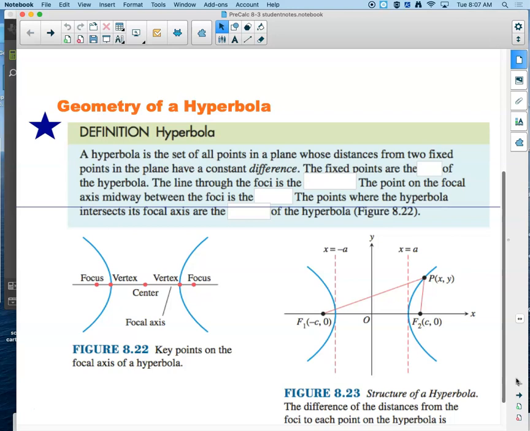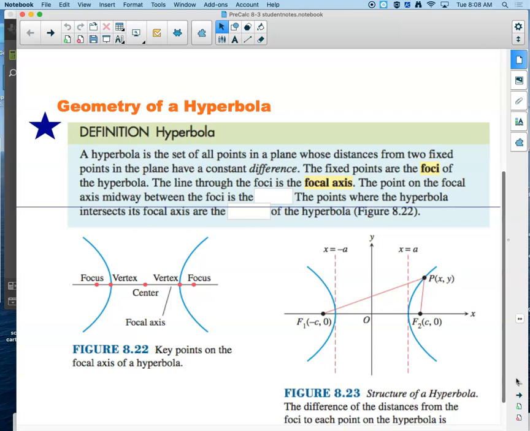So a hyperbola is a set of all points in a plane whose distances from two fixed points in the plane, again called the foci, have a constant difference. So the fixed points are the foci of the hyperbola, and the line through the foci is the focal axis.